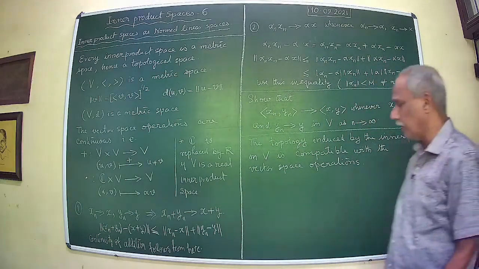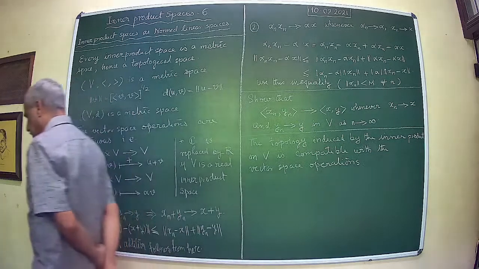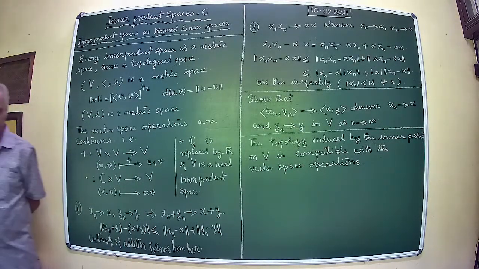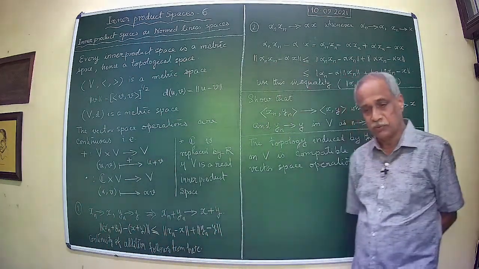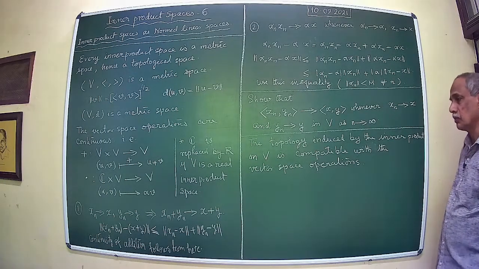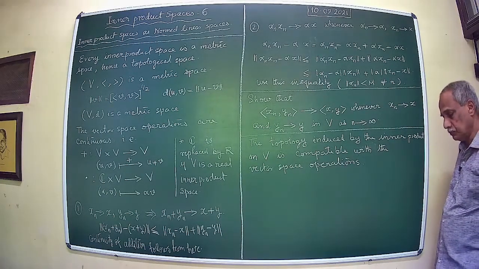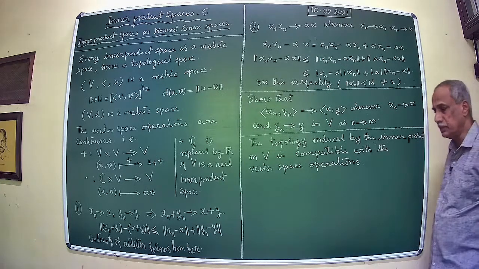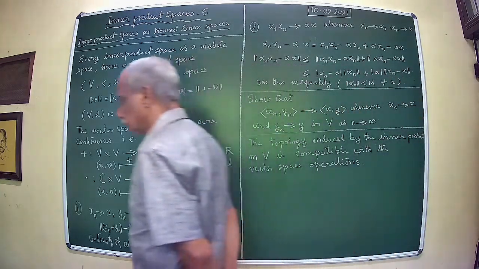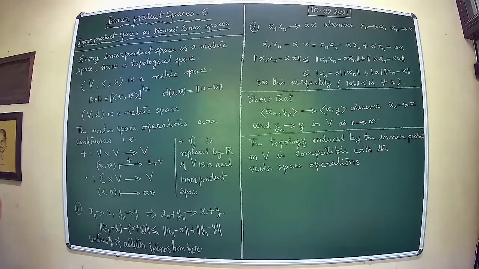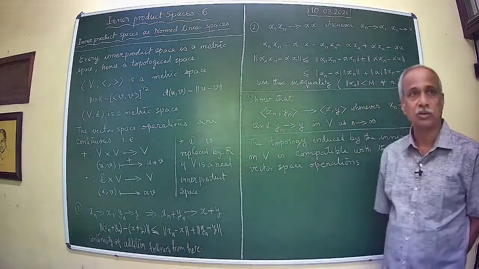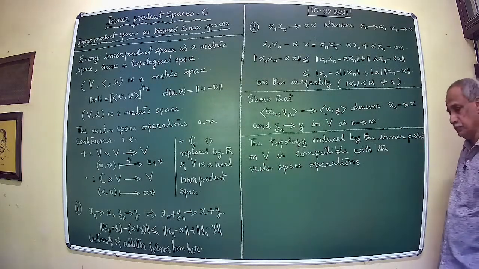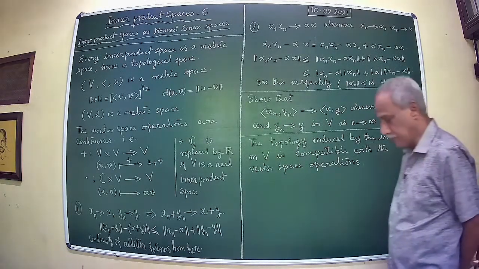Well, I want to make a remark here. The remark is this: there are situations in analysis where one would have to introduce topologies not derivable from a norm. Okay. That means we will have to go beyond what are called normed linear spaces in certain circumstances for developing mathematical analysis.